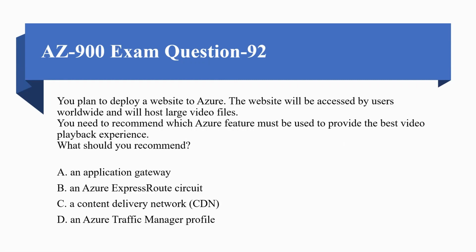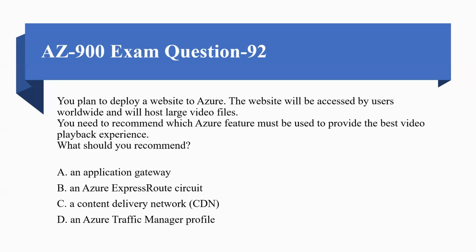Coming to question number 92, you plan to deploy a website to Azure. The website will be accessed by users worldwide and will host large video files. You need to recommend which Azure feature must be used to provide the best video playback experience. What should you recommend? A. Application Gateway.